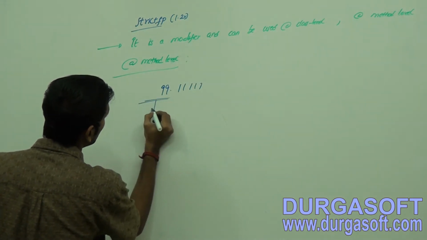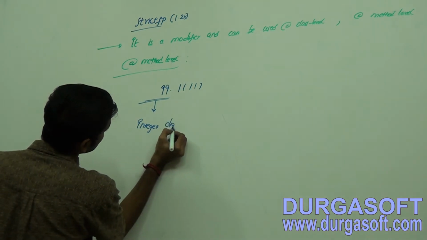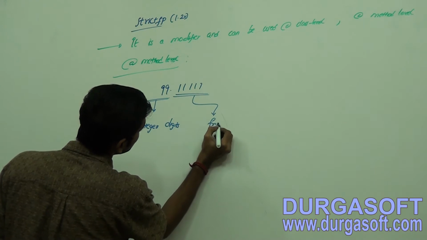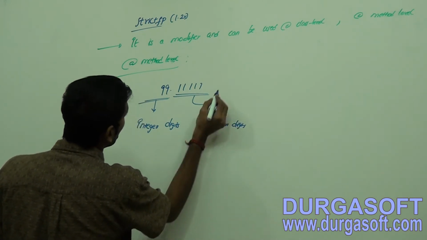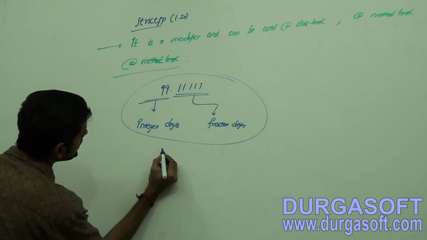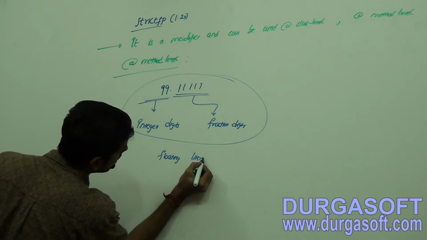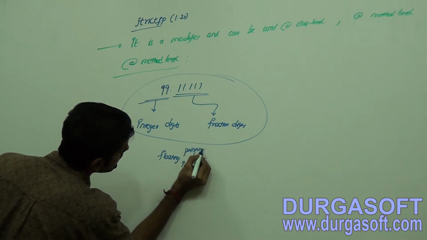The part before the dot is called integer digits, and this is called fraction digits. All together it is called a floating point literal in Java.